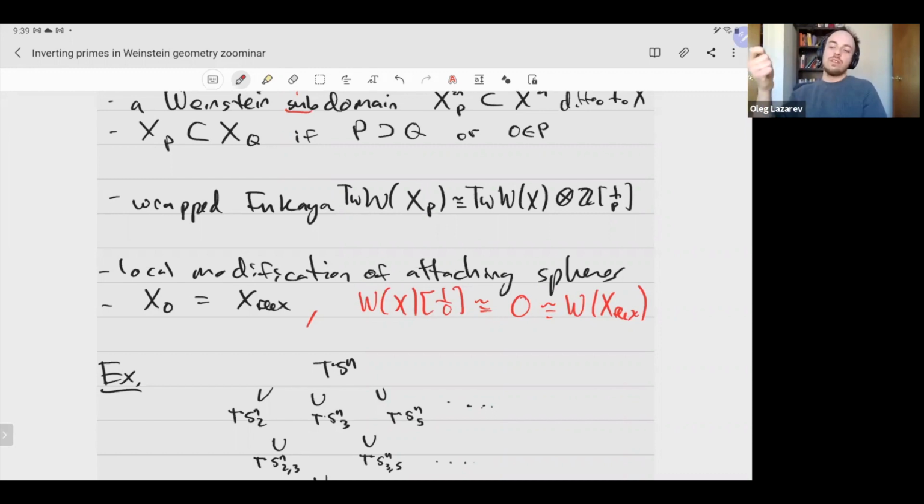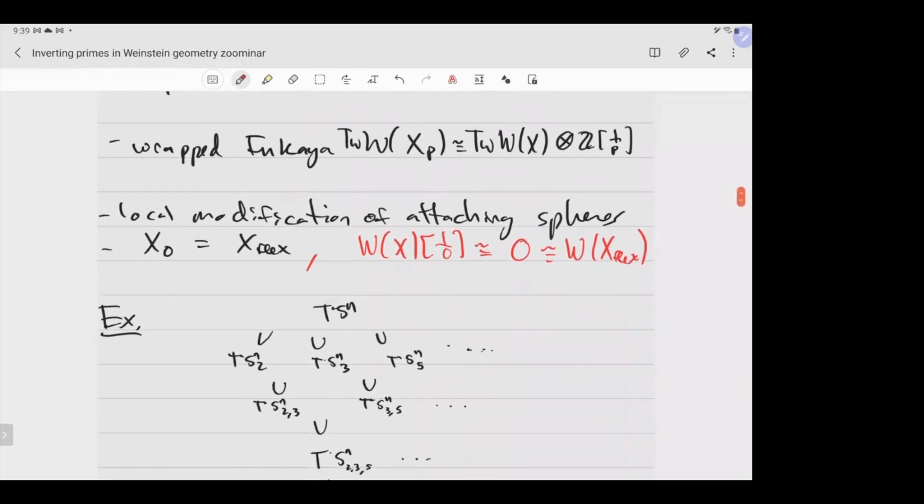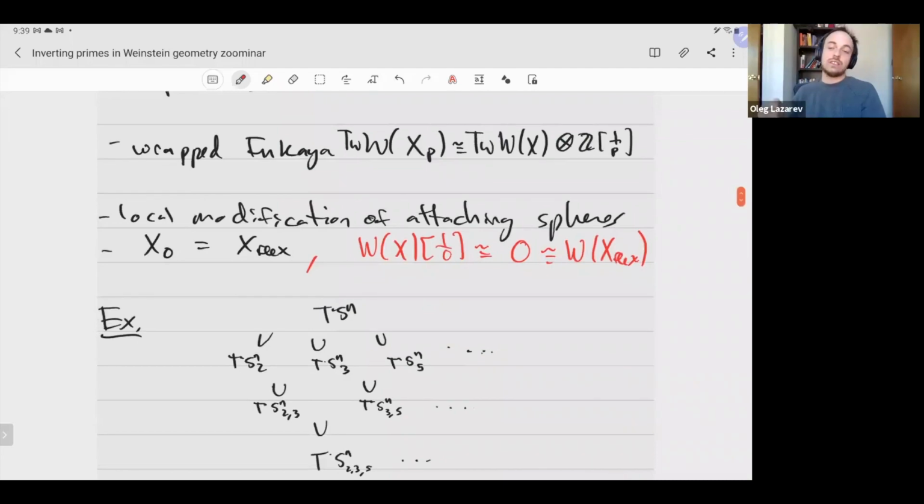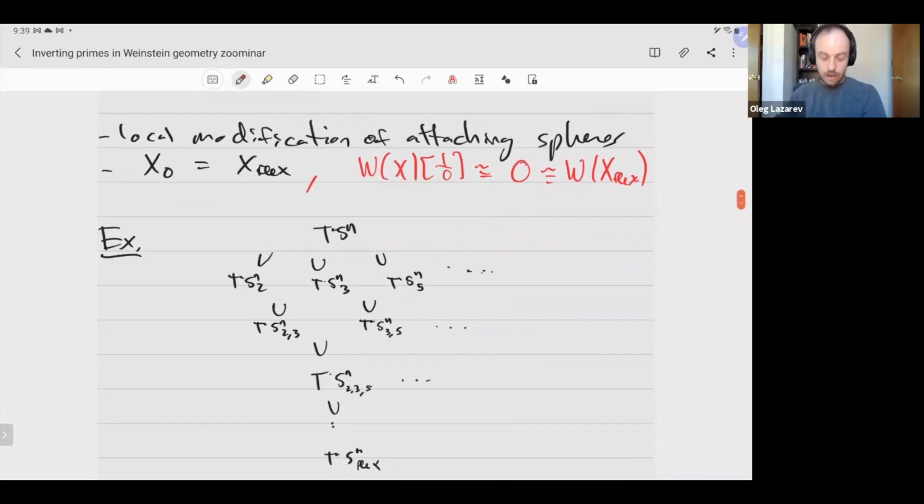But anyway, sitting inside of the 2 and 3 localization is the 2-3 localization. And sitting inside of that is the 2-3-5 localization, which sits inside of the 2-3 and also the 3-5. And finally, at the very bottom of this lattice is the flexible version of the cotangent bundle, which is localization at 0.